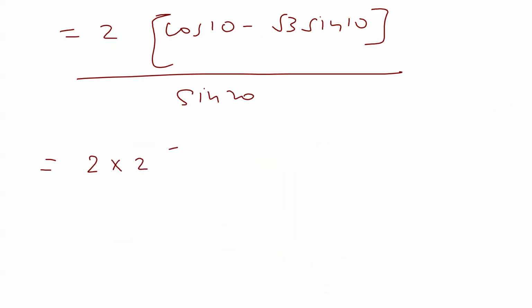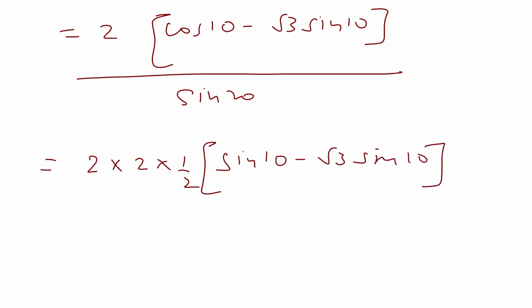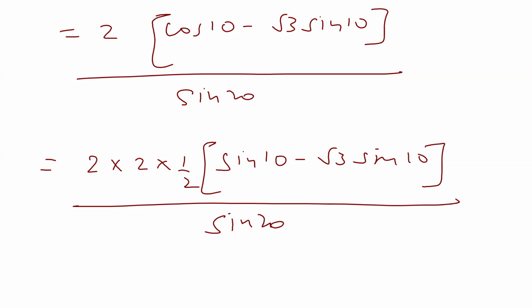So again multiply and divide by 2 in the numerator. Purpose I will tell you. The denominator is sorted, it is sin 20. But here I am multiplying and dividing with 2. Now this 2 into 2 I'll make it 4 and I'll send this half within the bracket.